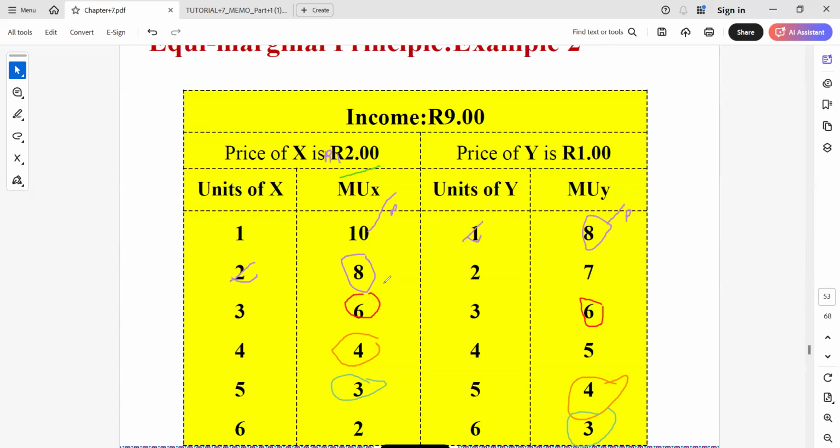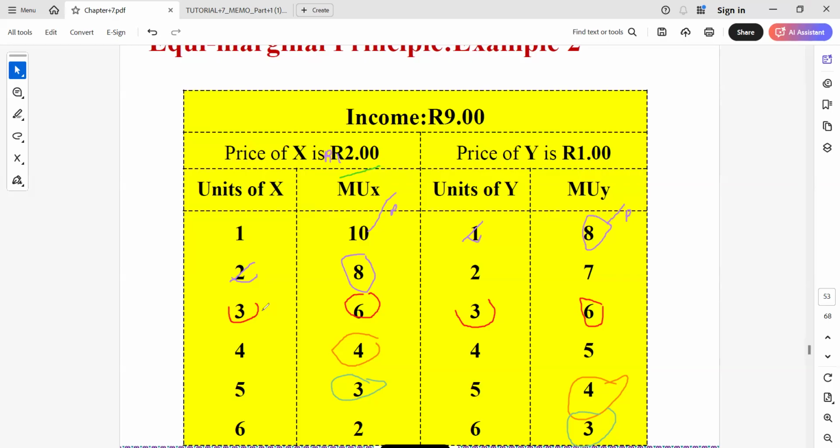So the second combination is where your marginal utility per rand for good X is 6 and for good Y is 6. If it is 6, you can purchase 3 units of good X and 3 units of good Y. So 3 times 1 is 3, 3 times 1 is 3, 3 plus 3 you get 6.